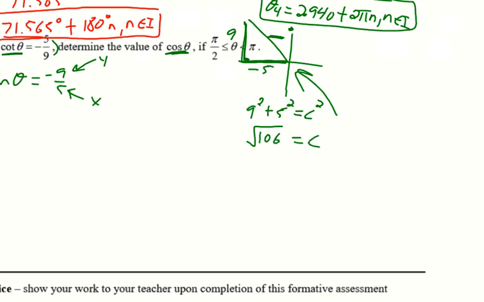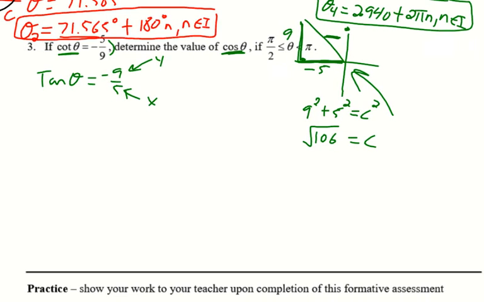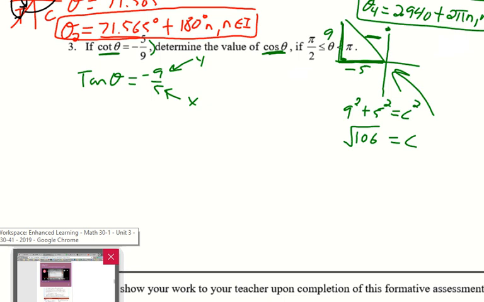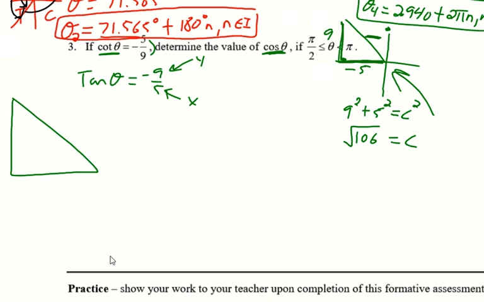Okay. So that's what we had here. Maybe I'll draw a triangle over here too. So let's say you actually drew this out. This would have been 9 on this side, negative 5 on this side, and now we've got root 106. We know that now. Okay, so that's all we've done so far.